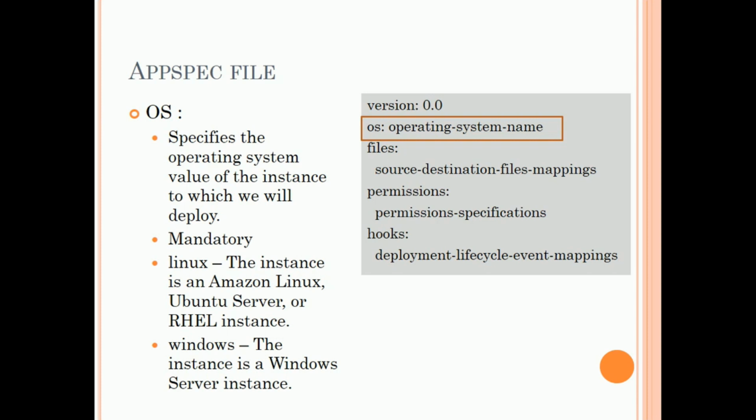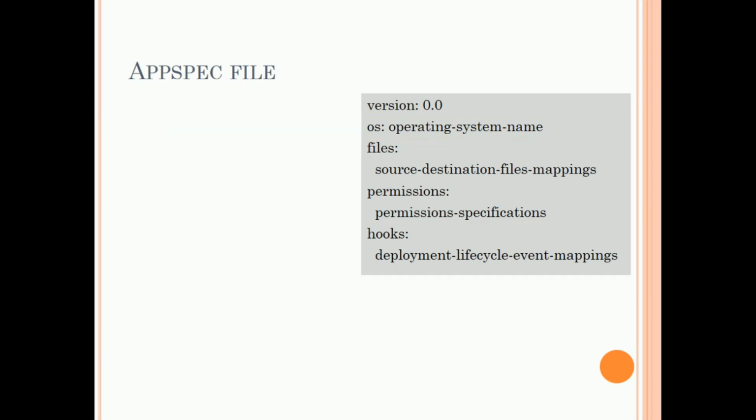If we are using the Linux operating system, then we need to specify Amazon Linux, Ubuntu Server or RHEL instance. And if we are using the Windows operating system, then the instance will be a Windows Server instance. The next and third section is files.